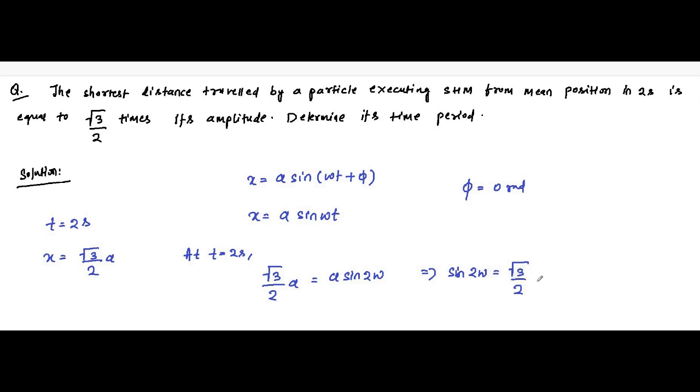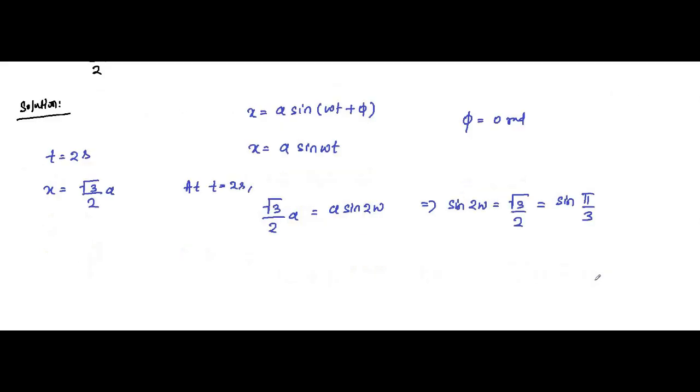So we have to come up with a sine function whose value is root 3 by 2 in order to equate the left hand side and the right hand side. That is sine 60 degrees, which is root 3 by 2, that is sine pi by 3 in terms of radians.